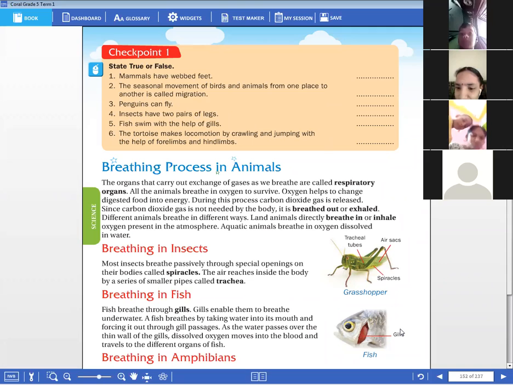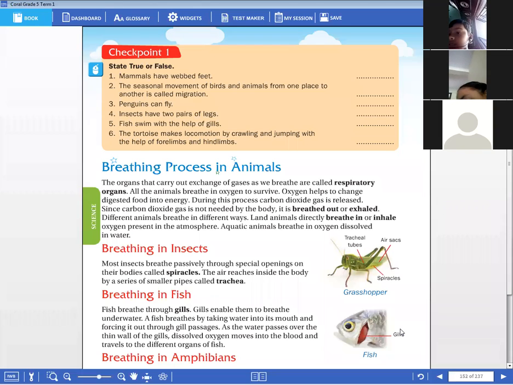Now breathing in insects, children. Passively. Spiracles. Reaches. Trachea.